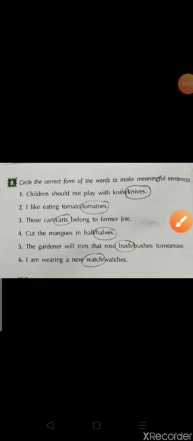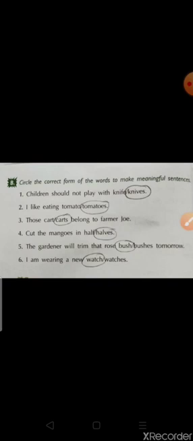Now our next exercise: circle the correct form of the words to make meaningful sentences. First sentence: children should not play with knife or knives. Circle knives. Second: I like eating tomatoes. Circle tomatoes.